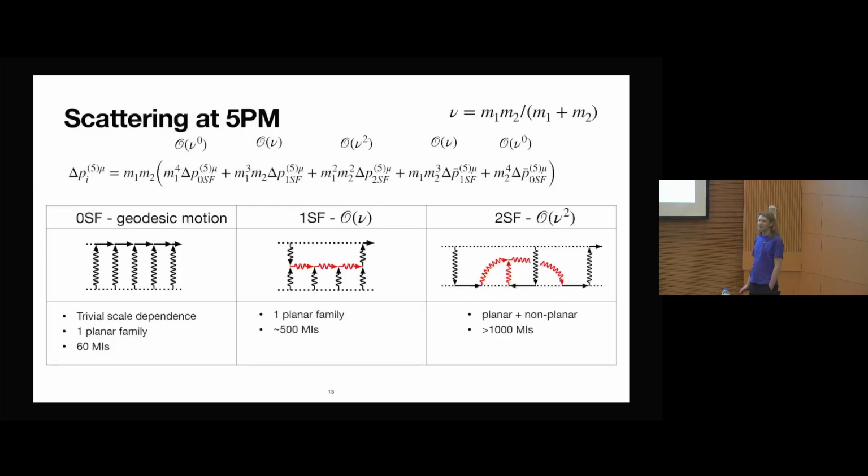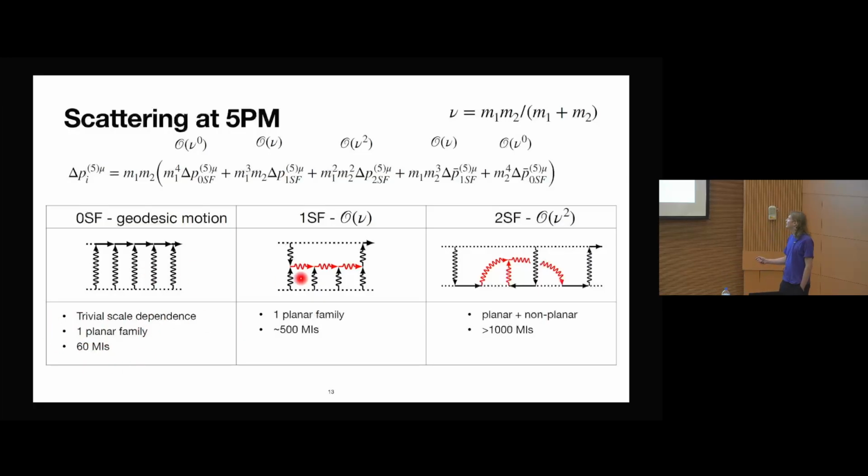And these terms come with a very different complexity in the integrals. So when we look at the 0SF, this is in principle known to all orders in G. And also when we look at the integrals which appear here, they have a trivial scale dependence. So in principle, it's a numerical problem. We only have planar integrals, and also the number of master integrals is, with 60 at this order, quite low.